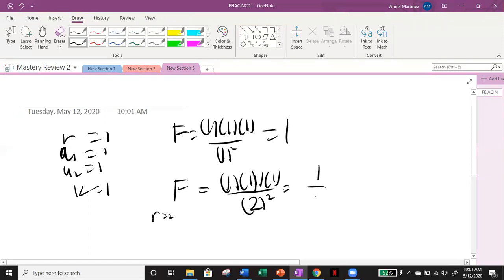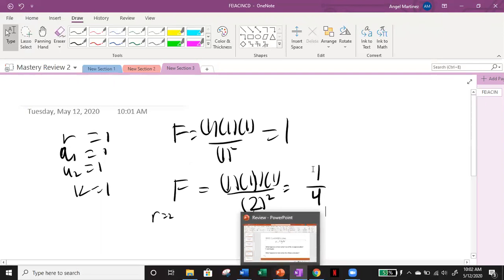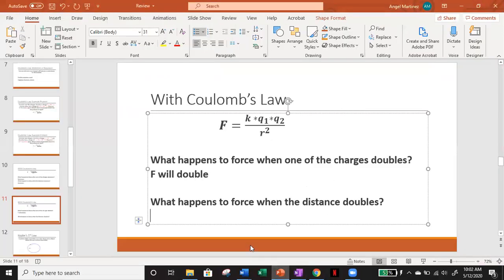We get 1 divided by 4. So that means our force was reduced by a factor of 4. It was divided by 4. So when the distance doubles, the force is divided by 4.